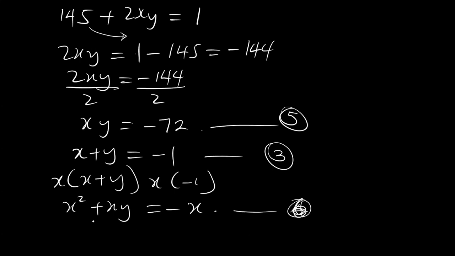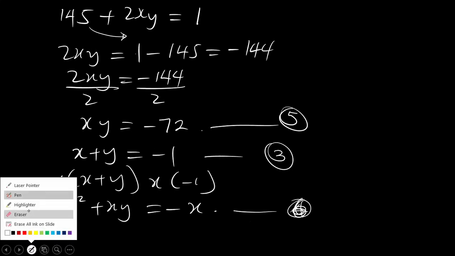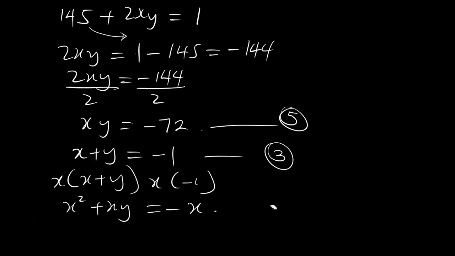Now we know that xy is equal to minus 72. So that means wherever in this equation we see xy, we replace it with minus 72.